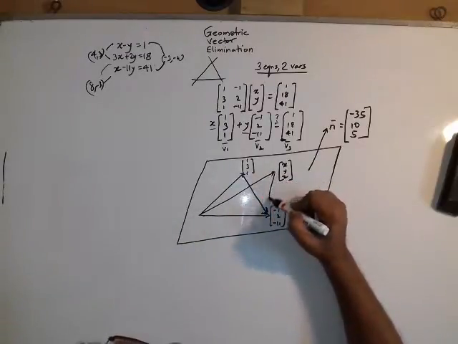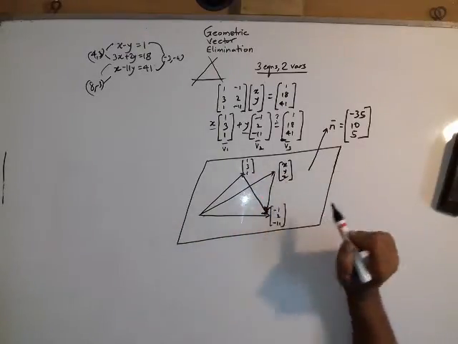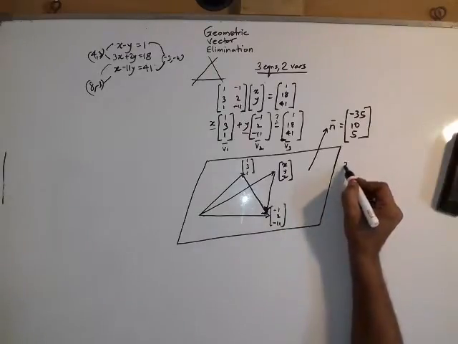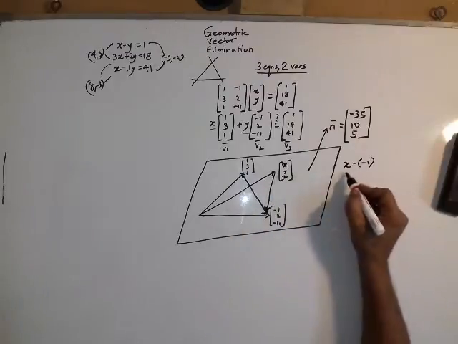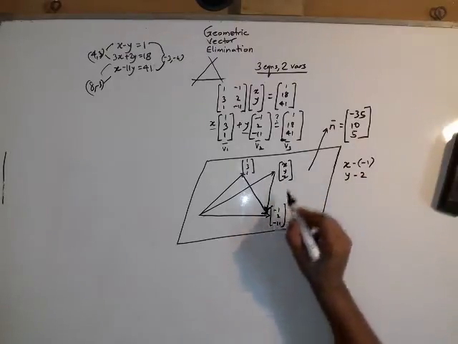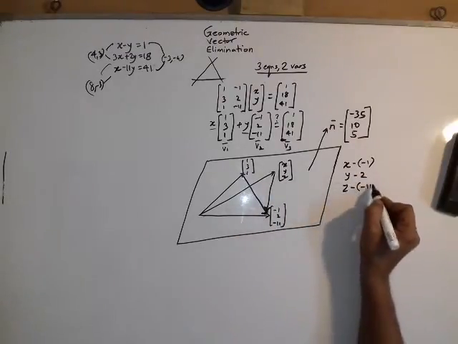Now to construct a vector in this plane using the subtraction of these two, what we are really talking about is x minus of minus 1, y minus 2, and z minus of minus 11.